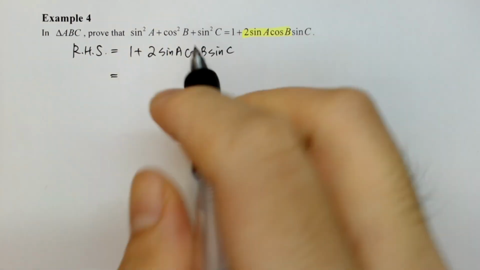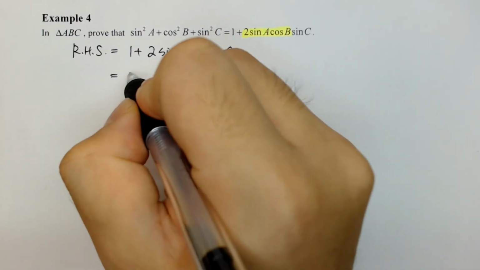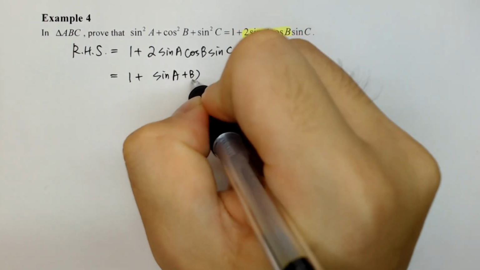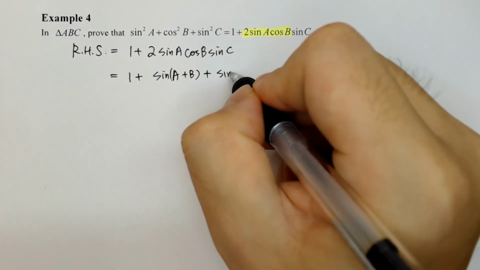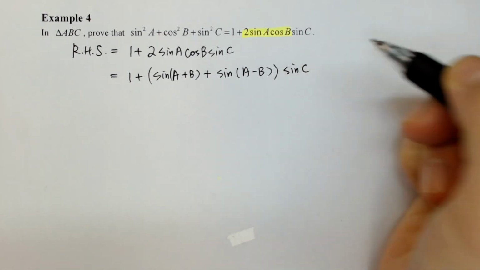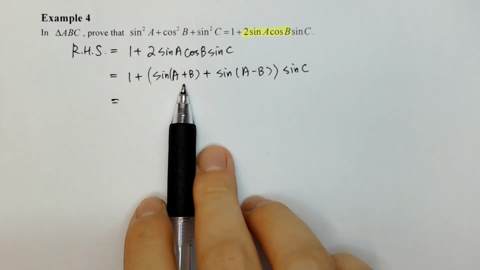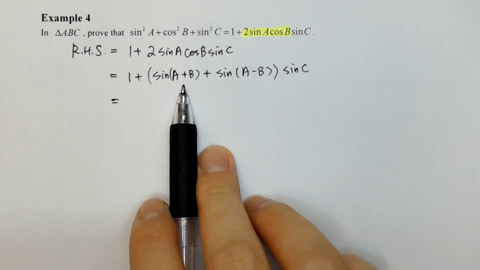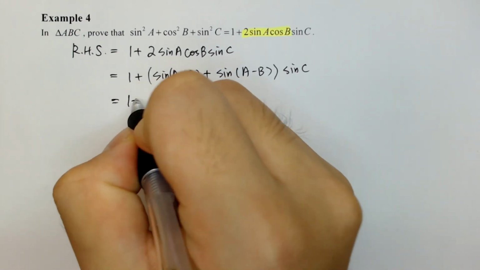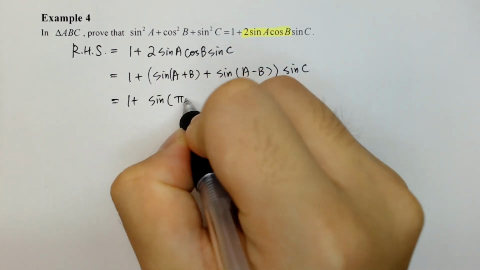So to start with, we rewrite this 2 sine A cosine B as the sum of two sines, and that is sine of A plus B plus sine of A minus B. Okay, and we know that the sum of A and B is pi minus C, and that can be multiplied by this sine C. So before we remove the bracket, we can write it as pi minus C first.